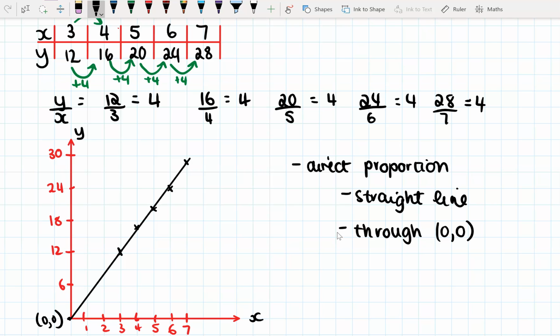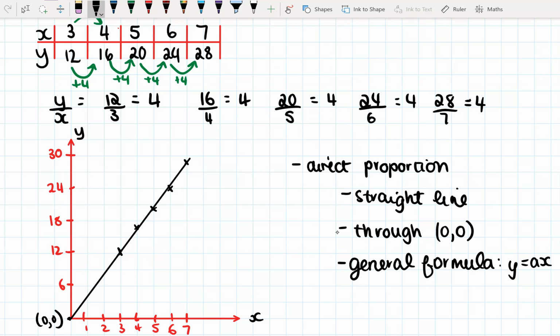We said here that if you do y divided by x, you get a number. The general formula for direct proportion is y equals ax. That's really important.